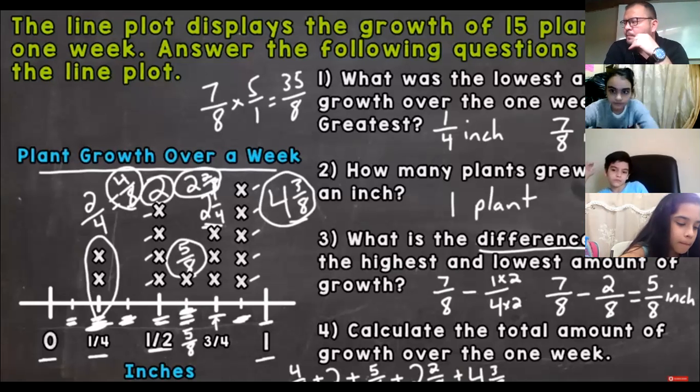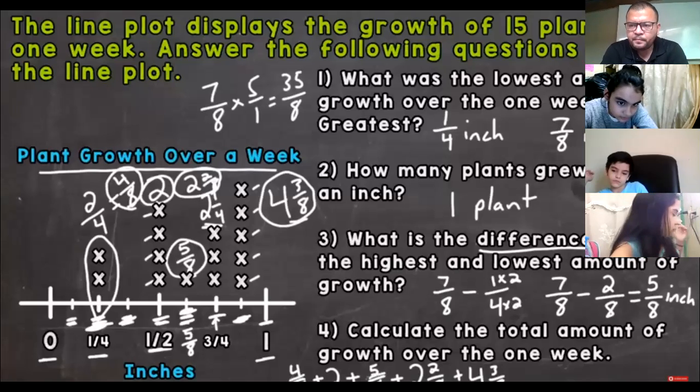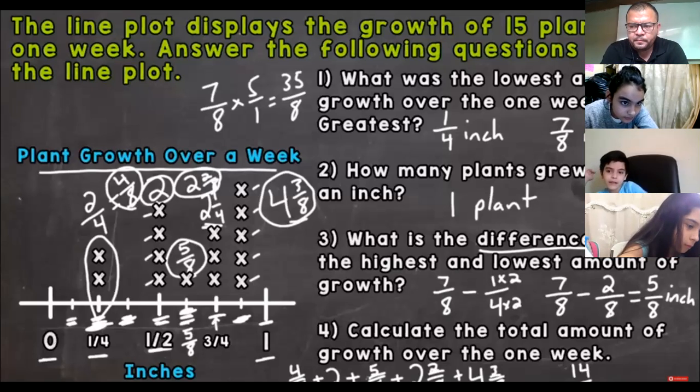So I'm going to add all my fractional parts first, which would be 4 right here, plus this 5 is 9, plus 2 is 11, plus 3 is 14/8 is my fractional part, and my whole number part is 2 plus 2 plus 4, which gives me 8.